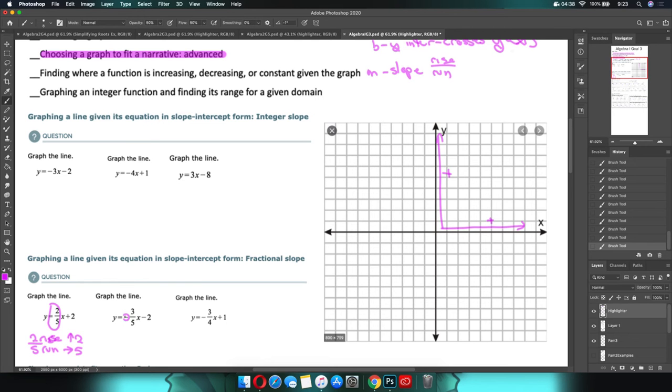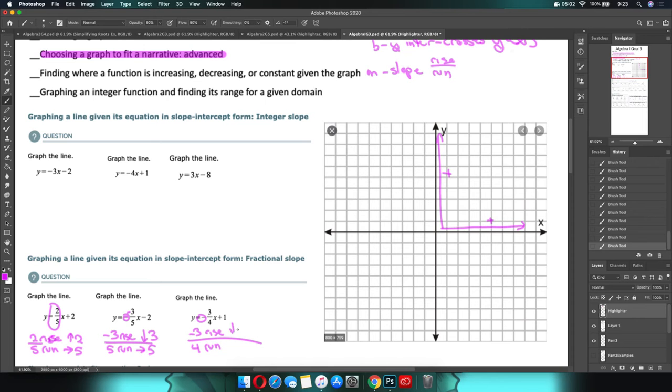Over here, my slope is negative. So it's -3 over 5. And if this is my rise, and this is my run, what that means is I'm going down 3 over 5. This one I have a negative slope again because it's -3 over 4. This is my rise, this is my run. So what does that mean?